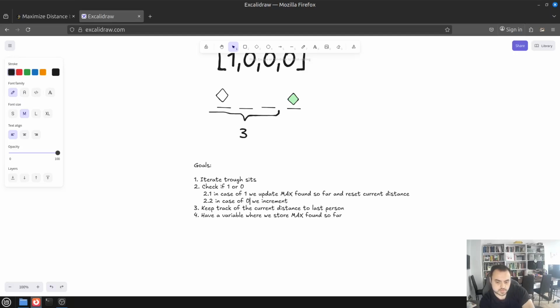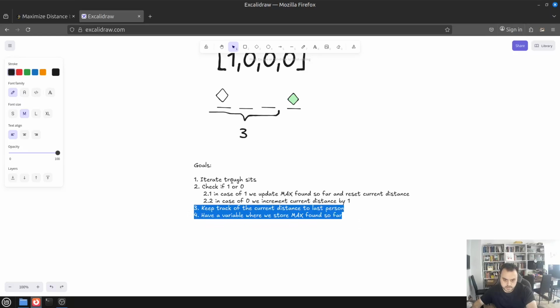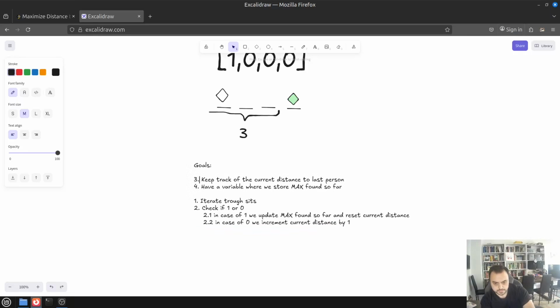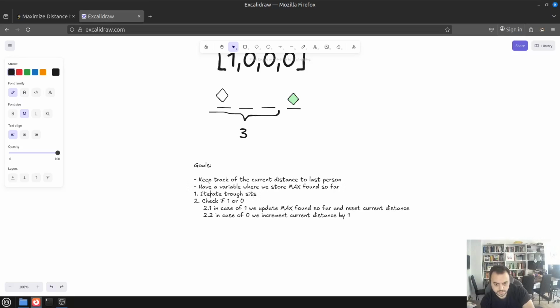If it's an empty place, then we can increment current distance by 1. Actually, we could do it before. Let's maybe use minuses, since I don't want to update those lists that many times. And yeah, that's it. That's the whole algorithm, I guess.